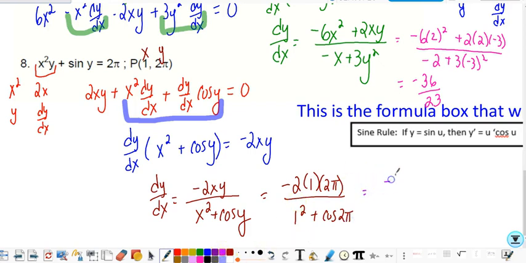Simplify. So in my numerator is negative 4 pi. 1 plus cosine of 2 pi is the point over here. The x value is 1. Negative 4 pi over 2 gives us a slope of negative 2 pi.